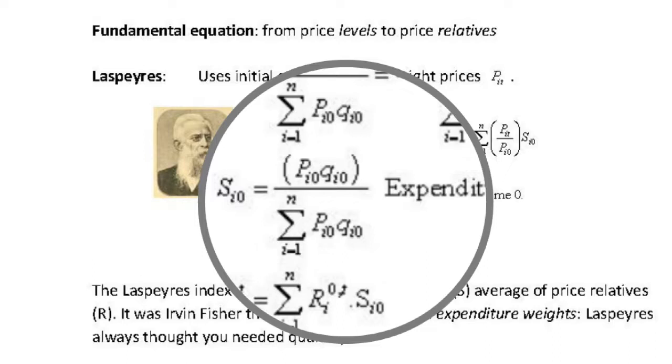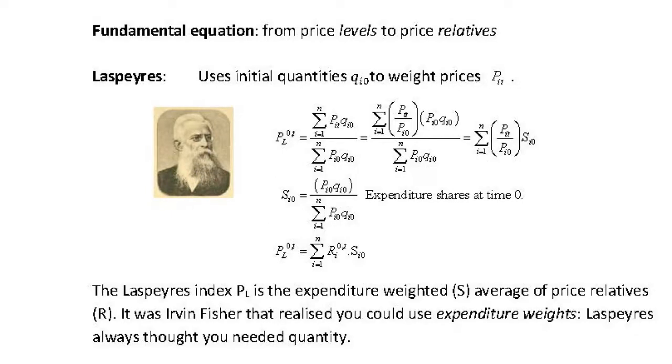SI0, in the second line, is simply defined as PI0 times QI0, the expenditure on good I at time 0, divided by the sum of all n of the PI0 QI0s. So that's what's spent on good I in period 0 divided by total expenditure in time 0. It's the expenditure share at time 0.